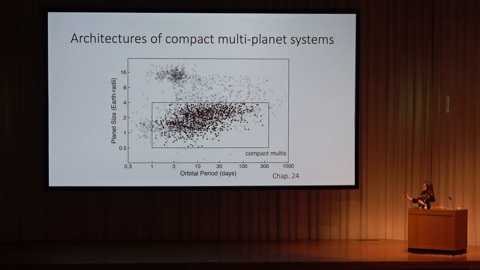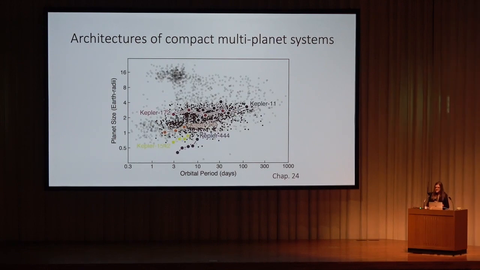For the sake of definitiveness, in our chapter, we defined compact multis to be multiple planet systems containing planets with radii between 0.5 and 4 Earth radii, and with orbital periods between a day and a year. An amazing discovery of the last few years is that, in contrast to the diversity of the exoplanet sample as a whole, these compact multis exhibit a striking degree of uniformity.